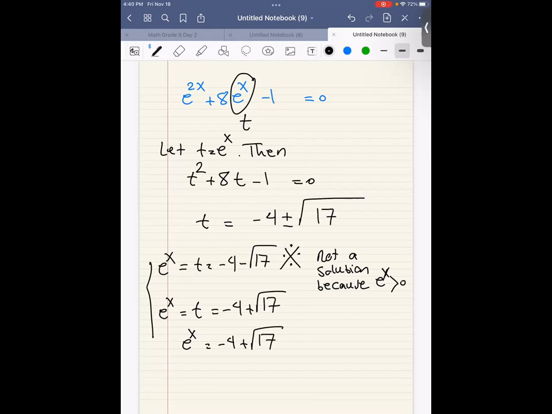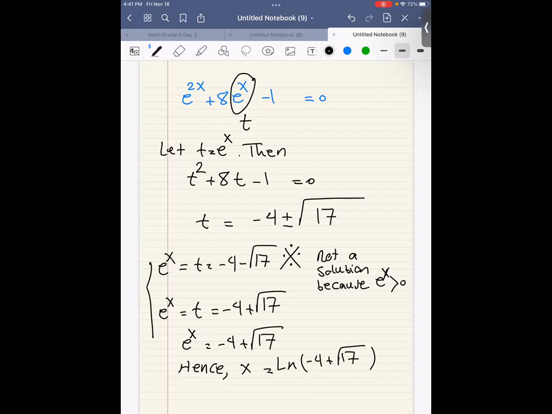So what is x now? Ln, exactly. Ln of this guy, minus 4 plus root 17. Okay?